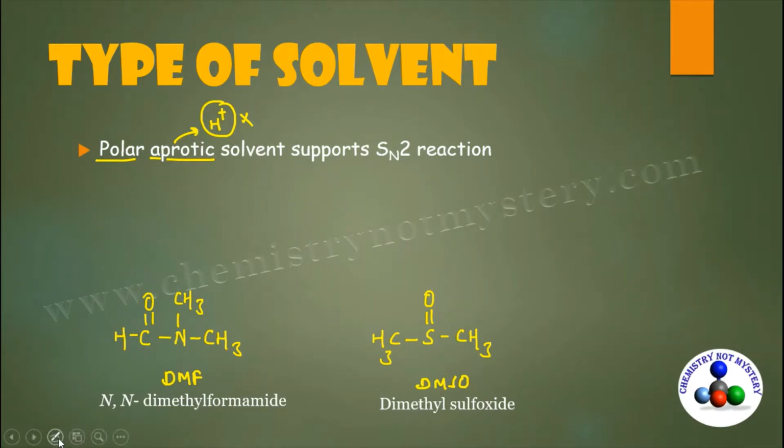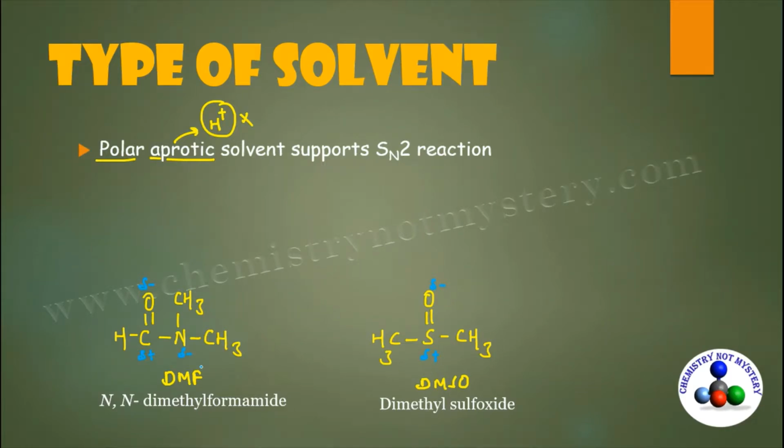So when you see in these molecules, oxygen is electronegative, here nitrogen is electronegative, and carbon is electropositive. And here also you can see oxygen is electronegative and sulfur has a little bit of positive charge.